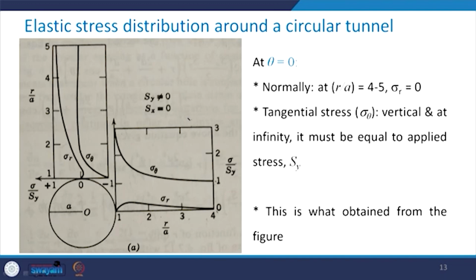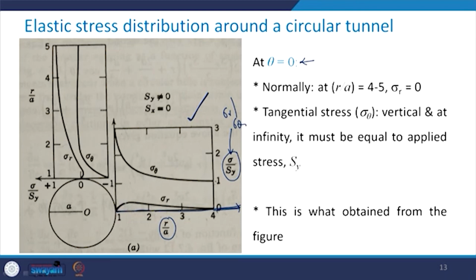First, you focus on this particular part of the figure, that is at theta equal to 0. So, theta equal to 0 means that here it is this axis. So, I have on this axis the r by a quantity, and on the vertical axis we are plotting sigma upon Sy. Now, this sigma can be sigma r or it can be sigma theta.